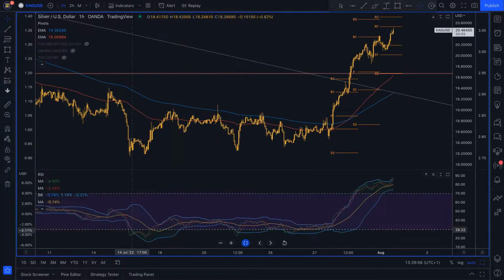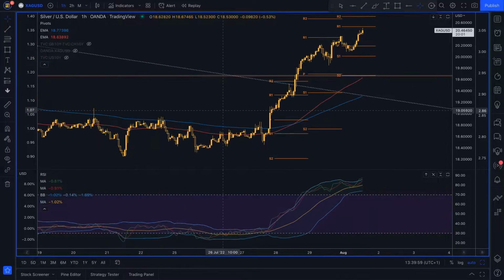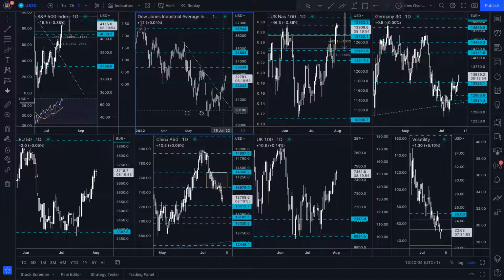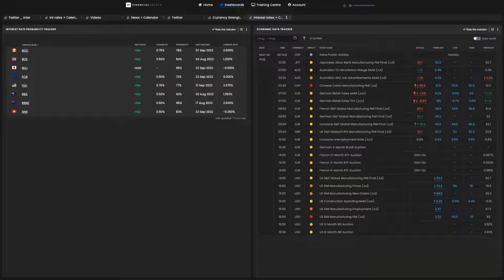Now, this is one tradable opportunity that I'm going to be looking for later on, and I want to run through that with you now. If later on, in 1 hour and 20 minutes' time, the ISM data point comes in below 50.5, that's another indication that US growth is slowing.